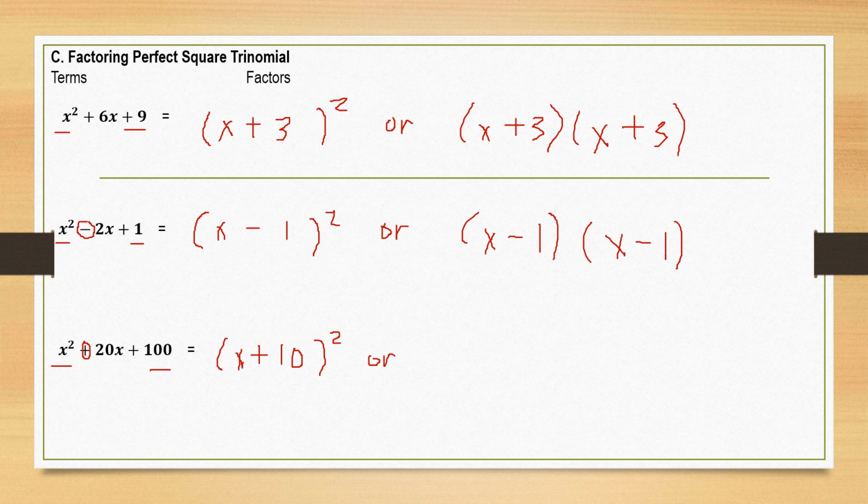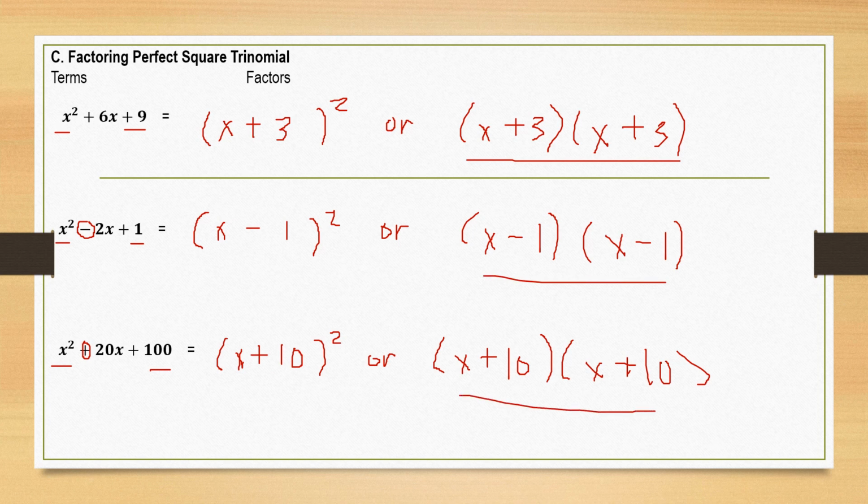In expanded form, we can also say this is x plus 10 times x plus 10. You can check your answer by multiplying this using the FOIL method. The product must be equal to the original equation.